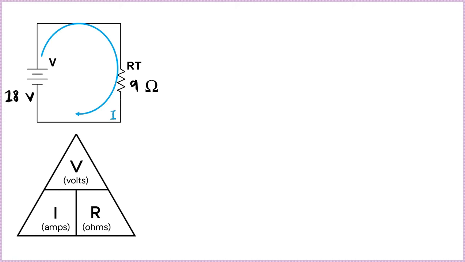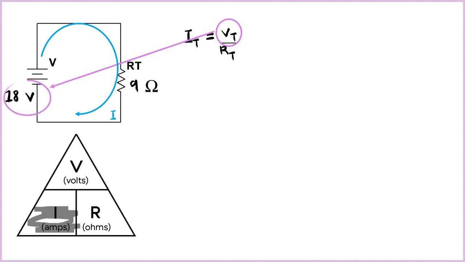Using Ohm's law again, we just cover the I, and we get the formula for the current, which is voltage over resistance. Replacing the values, we have Vt of 18 volts and our RT, which is 9 ohms. And our total current, 18 divided by 9, is equal to 2 amperes.